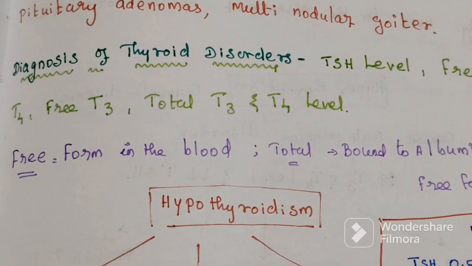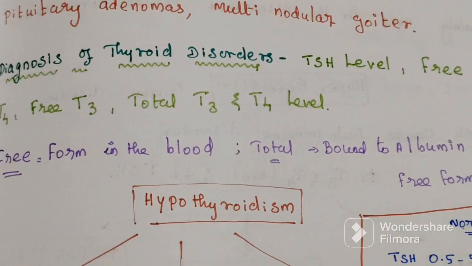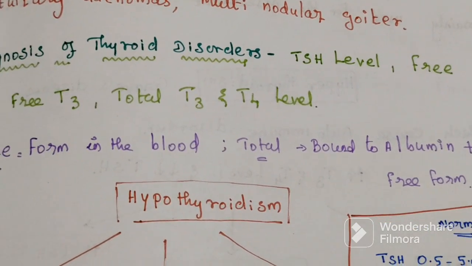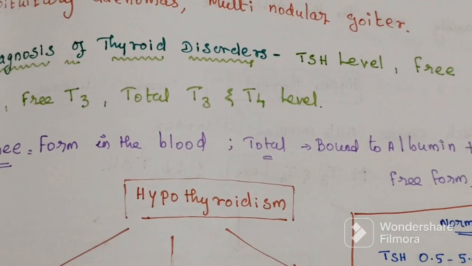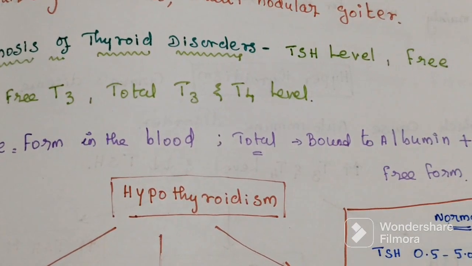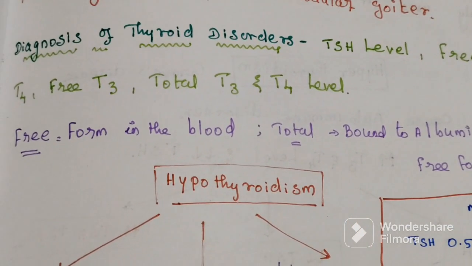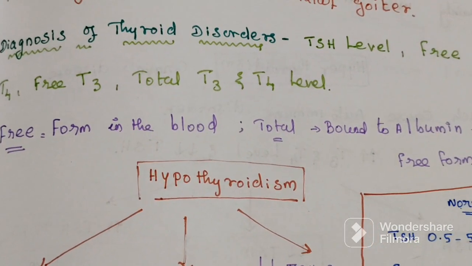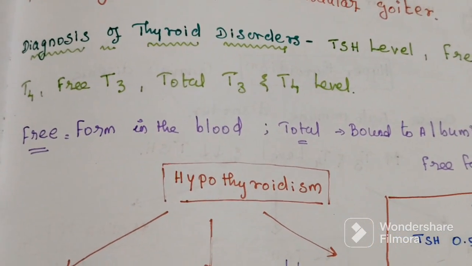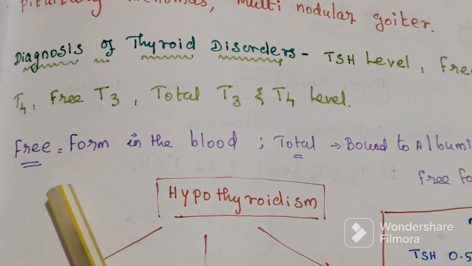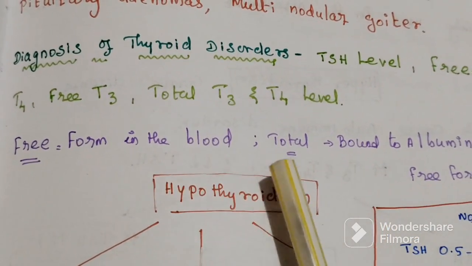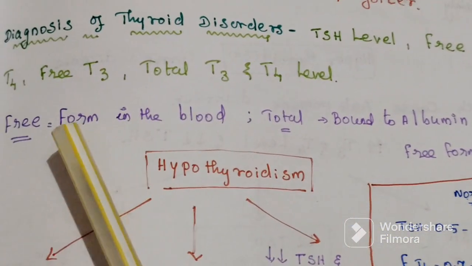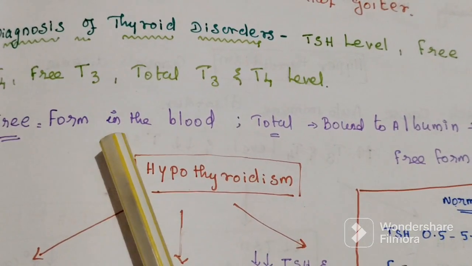Now coming to the diagnosis of thyroid disease. The tests mainly done for assessment of thyroid disorder are the TSH level, then free T4, free T3, and total T3 and T4 levels. Free means it is free in the blood. Total means the albumin-bound form plus this free form.